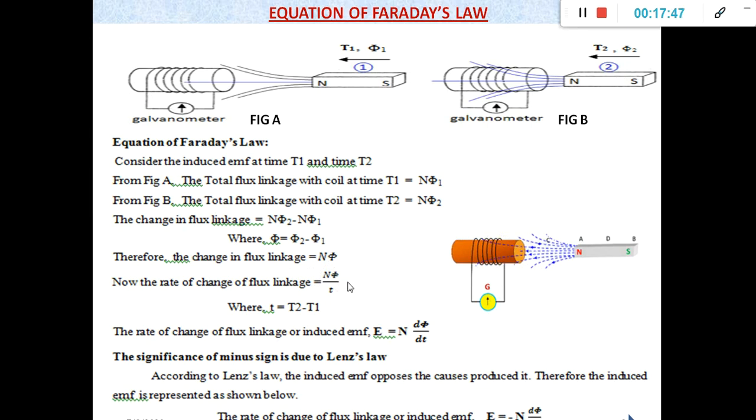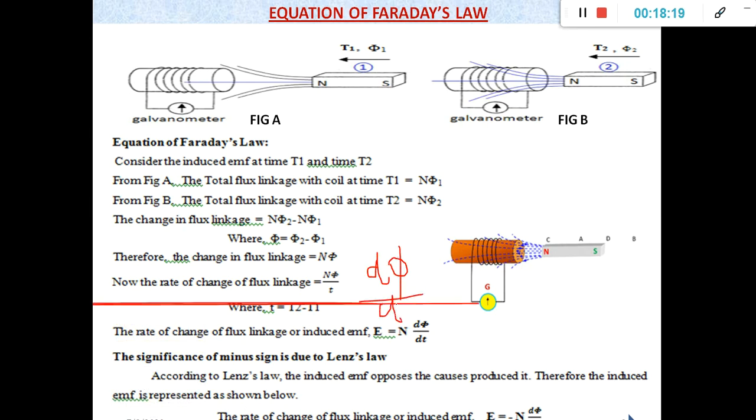Then the induced EMF is proportional to the rate of change of flux linkages. Faraday's Law 2 states that the induced EMF is proportional to the rate of change of flux linkages. The change in flux is represented by d phi, and the change in time is represented by dt.